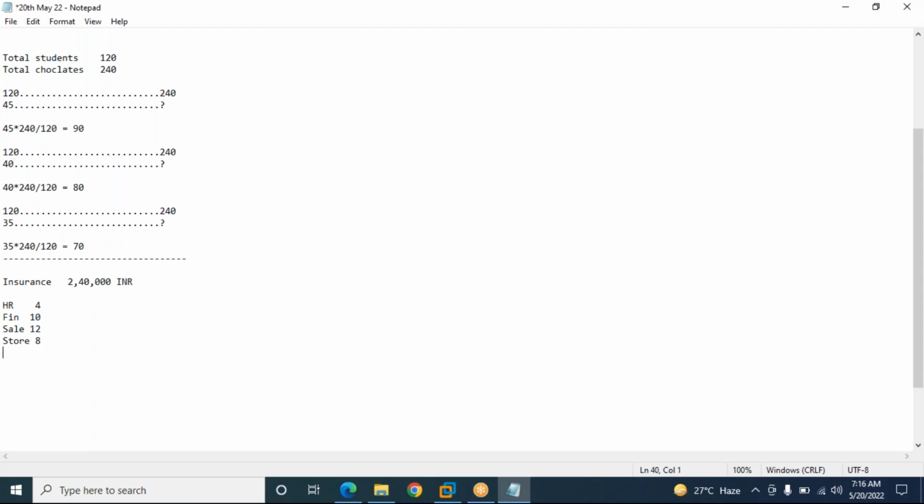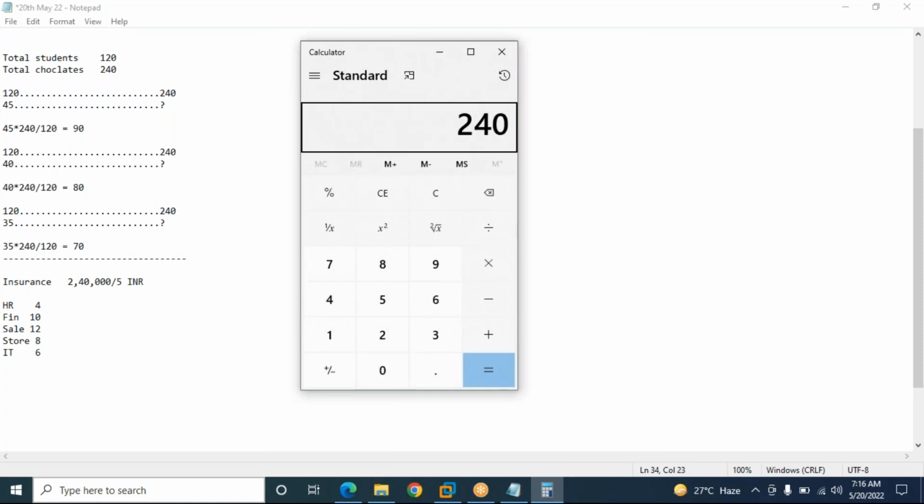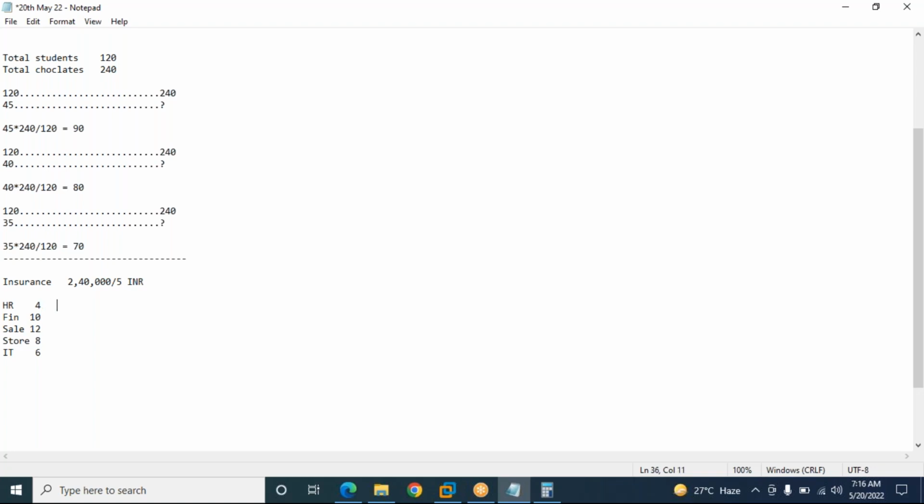Next, IT department, there are 6 members. Okay, so 1, 2, 3, 4, 5. So I'm distributing by 5, divided by 5. 2,40,000 divided by 5 is 48,000. I'm splitting 48,000 here. Expenses 48,000 here. I'm booking expenses for each department like this.